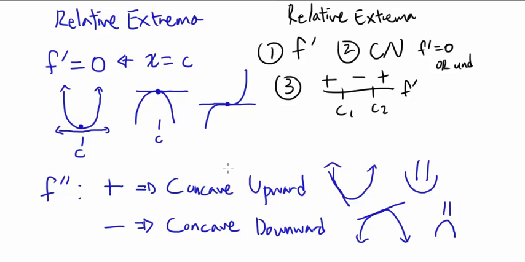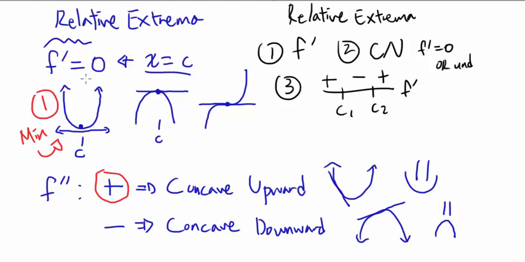Now that we know this, how is f double prime combined with the fact that f prime is equal to 0 at x equals c going to help us? Well, if f prime is equal to 0 at x equals c, and f double prime is positive, that means the graph goes like a U, and that means you have a relative minimum, like in this case, because that's the way the graph is going to be shaped.